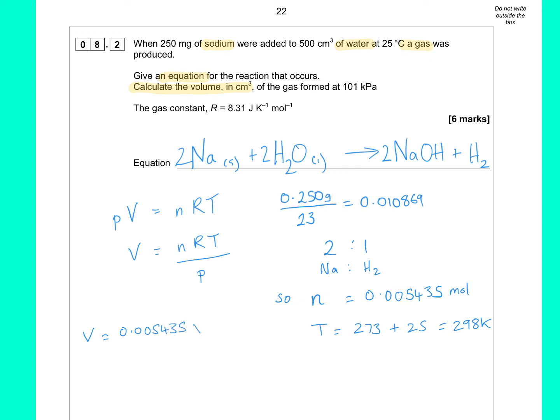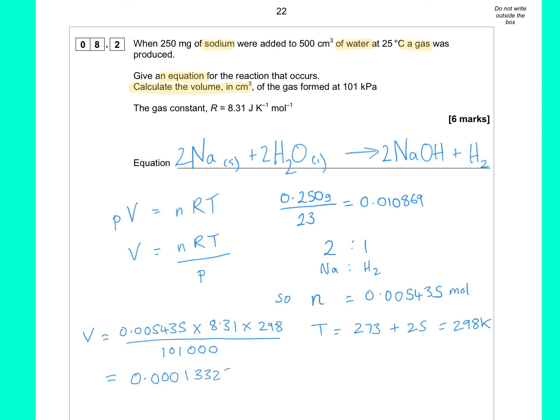So if we plug all the numbers into PV equals nRT, so the moles times the gas constant times the temperature in Kelvin, all divided by the pressure in pascals, so 101,000. Then we'll get a volume once we plug that into the calculator.